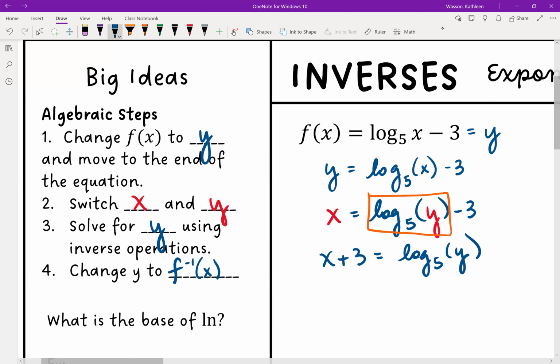And then to figure out what y is, I'll have to rearrange this as an exponential equation. For a logarithm, the base for the log is the base for the exponential. The log is equal to the exponent. So this x plus 3 will be our exponent. And this is a fact family. The only thing that's left here to write is y. So I found that y is equal to 5 to the x plus 3 power.